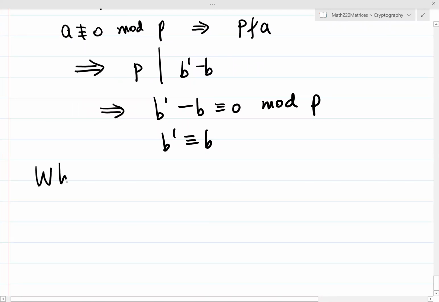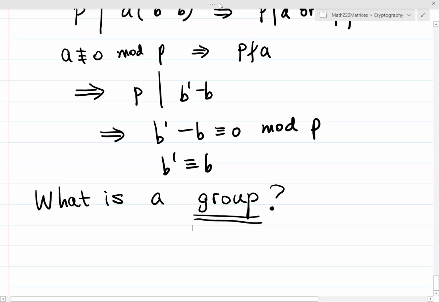So what is a group? Here, a group is an important mathematical object, and we actually have many examples of groups.